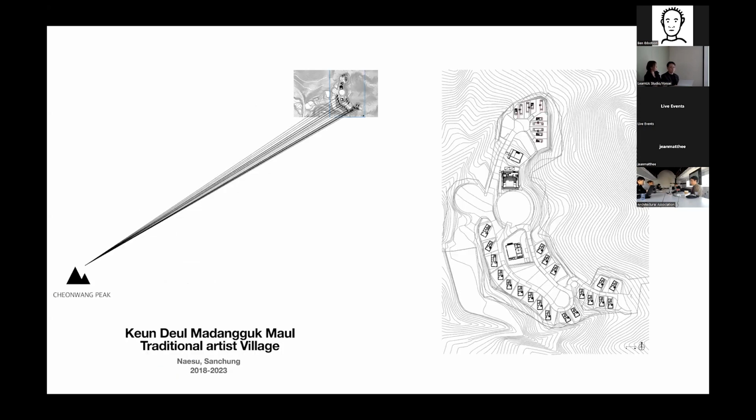So the second project is Kundu Madanguk Maru in Korean, and in English, Traditional Artists Village. There are over 50 artists and their staff, families. They are translating traditional drama and dance into a more Korean version. They are based in Jinju, more urban side, and moved to Sancheong, near mountain, supported by the local authority.